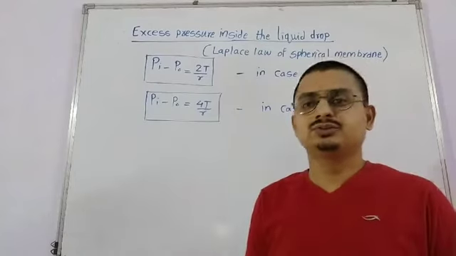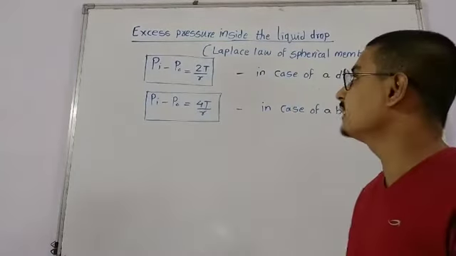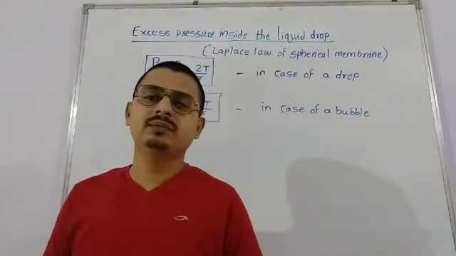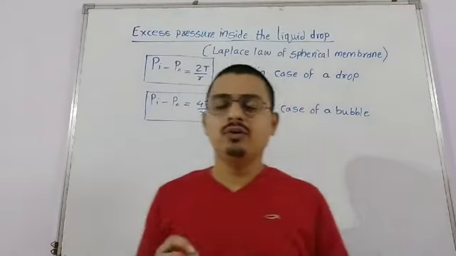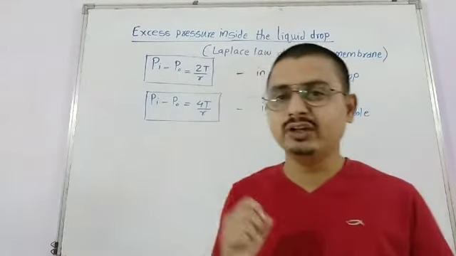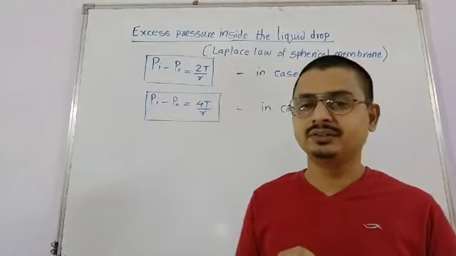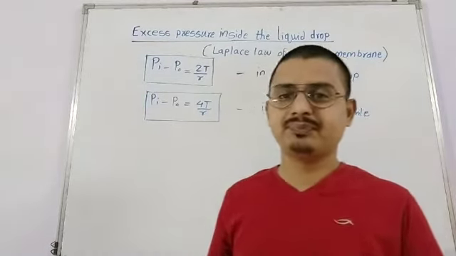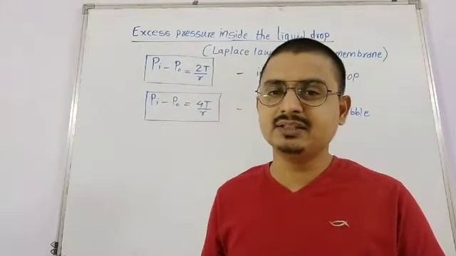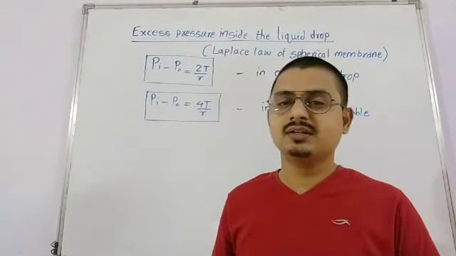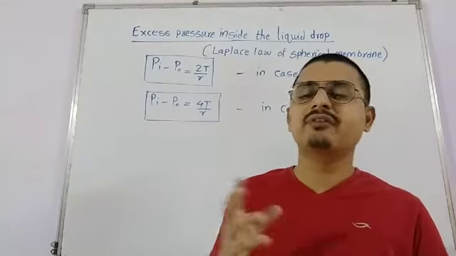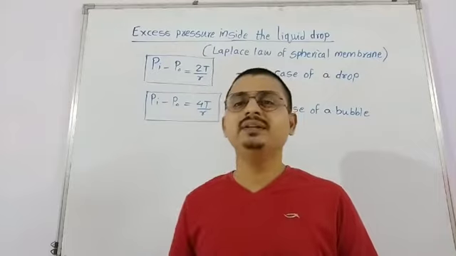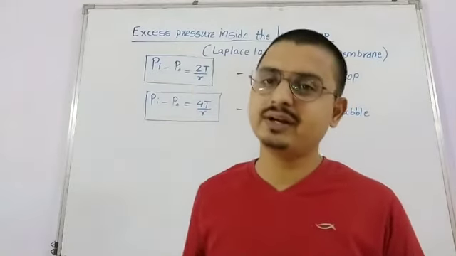That's it. So that is the second topic of this lecture, that is excess pressure inside the liquid drop or a bubble. Now we have observed कि ये जो liquids होते हैं उनके droplets या bubble form a spherical shape. इनका जो shape होता है that is spherical because in drops या liquid में the surface tension of the liquid dominates the gravitational force of attraction.